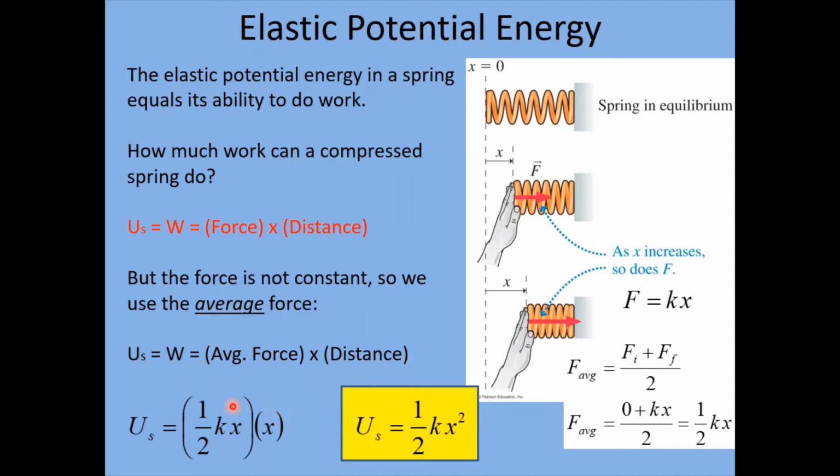When we multiply this together, we end up with 1/2 kx squared. So this is the formula we'll be using for the stored potential energy in a spring. And k is the spring constant, which we either have to figure out or it's given to us. And x is the distance of how much the spring is either compressed or stretched.